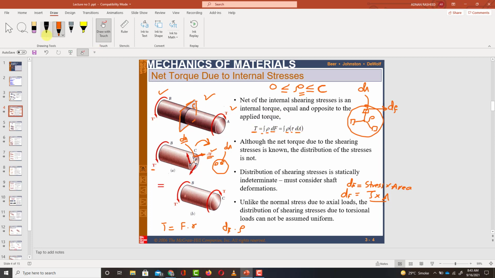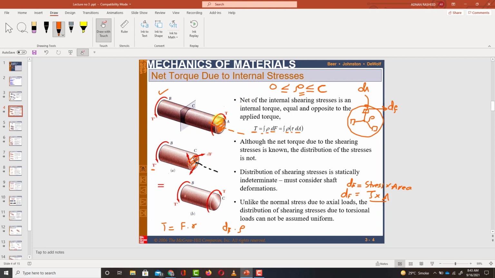Now remember, let me clear some things also. Again, if you see this shaft, this is the axis of the shaft, and this axis of the shaft is perpendicular to this face, this area.